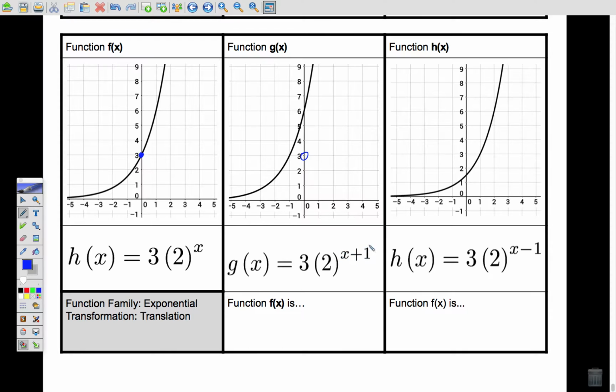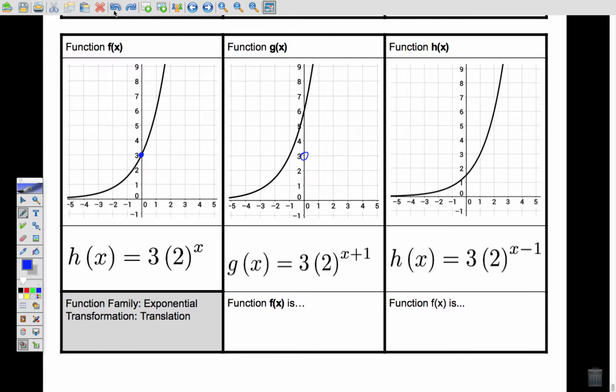And remember I said in the exponential, that's like inside. Otherwise, if I wanted to move it up, I'd have to add it over here. So for an exponential, if I wanted to shift it up, the x would be here, and then I would have to add numbers out here to the side. So this would be the vertical transformation. And so that's not what we're seeing here.